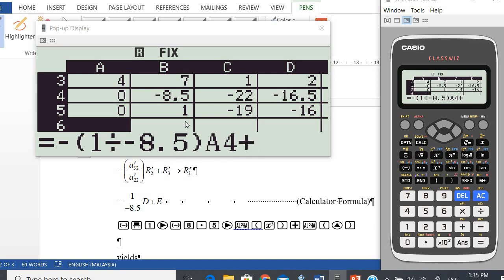the new row 3, which is cell, sorry, this is not A. This one is B. Because here we are going to eliminate the cell B5 here becomes 0. So it's negative 1 divided by this one, multiply the new row 2, which is B4, plus the new row 3, which is B5.